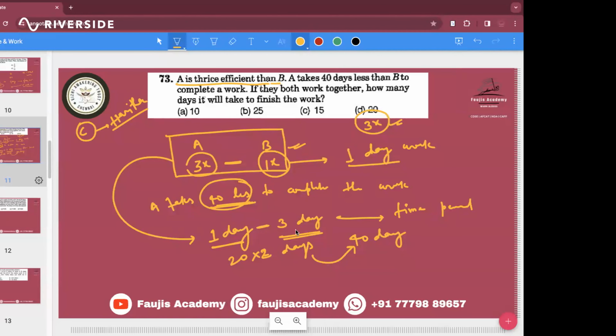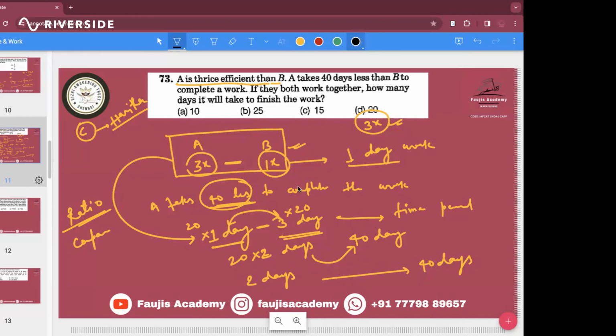But we are still dealing with ratios, guys, a kind of comparison between A and B. As per our assumption, the difference is 2 days. But in reality, the actual difference between these two of finishing their work is 40 days. Which means we'll have to multiply by 20.